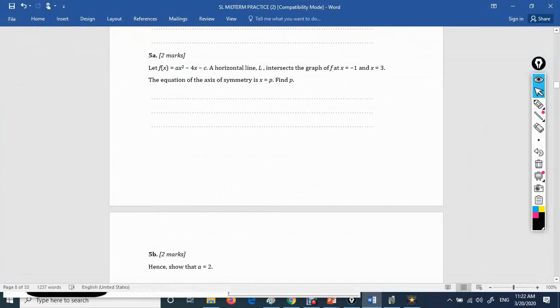So here we are on question number 5, part A. Now this is a different type of question because, as you can see, here we have a quadratic function. Okay, so I thought about making the screen bigger. Let's make it a little bit bigger, in case somebody's as blind as I am.